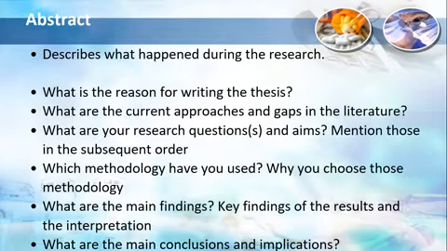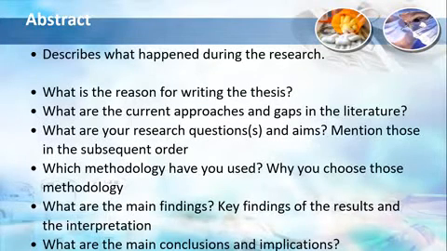Mention those in subsequent order, and also which methodology we plan to use if this is a research proposal. However, if this is a research report, we need to provide the methodology that we used in our research and why we chose it, what its strengths are, or even anticipate its weaknesses if possible.